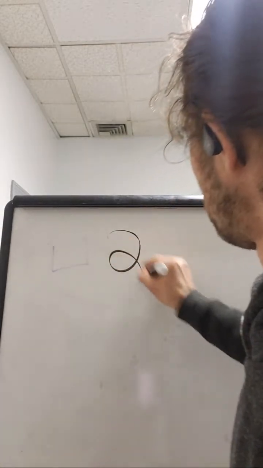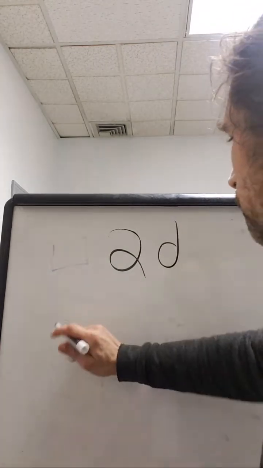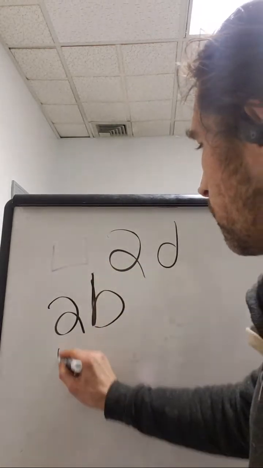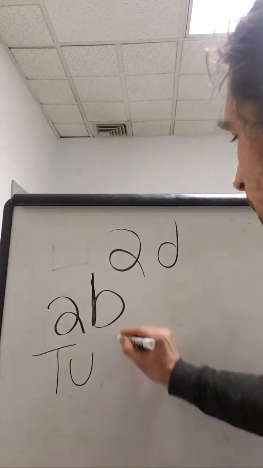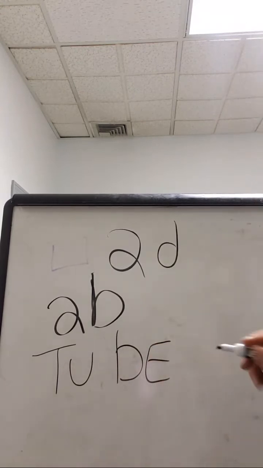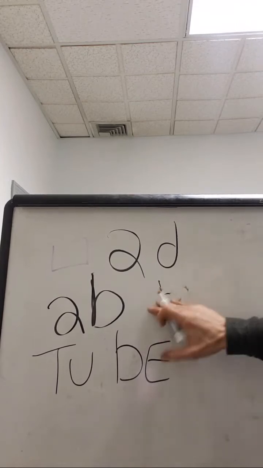I'm going to get another pen here. To D. 2B. 2 is B. And we can also look at that as 2. And then B. So we're going to look at like a tube. And we have words like beauty, B. And then we also have that A slipped in there too.